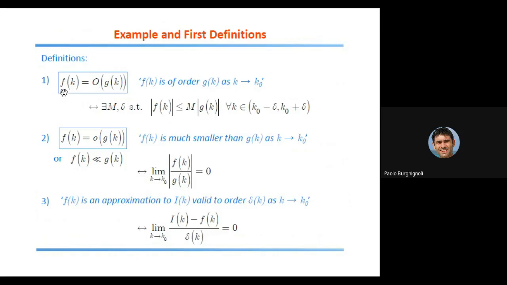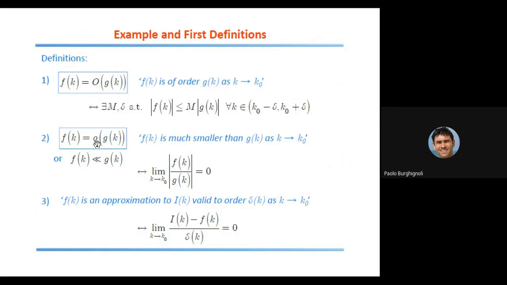We say that the function f is a big O of the function g, and we can also say that f is of order g when k tends to k0, if there exist 2 constants, M and delta, such that your function f is bounded in absolute value by the absolute value of the function g multiplied by the constant M, and this happens inside the neighborhood of k0, which is (k0 minus delta, k0 plus delta). So those functions are comparable in a sense.